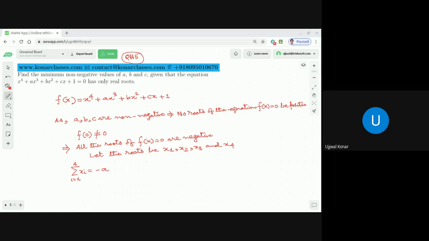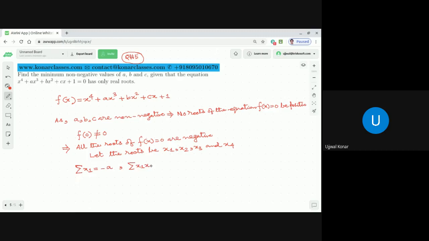Clear or not clear? And dear students, sometimes without writing this, if I write that summation of xi is equal to minus a, it means x1 plus x2 plus x3 plus x4. This is also a quick way of representing.